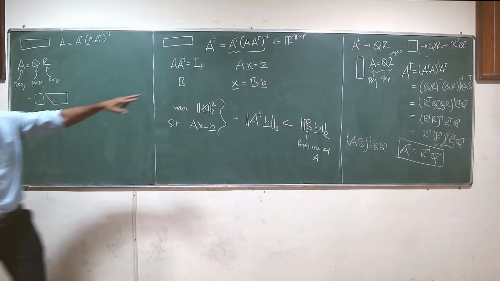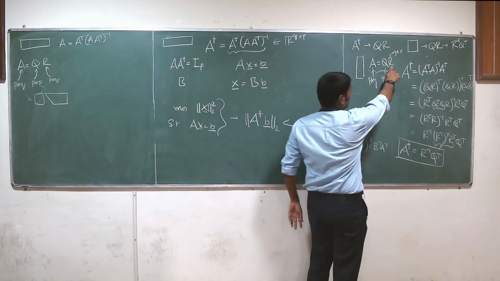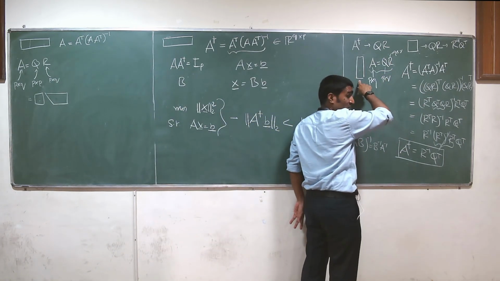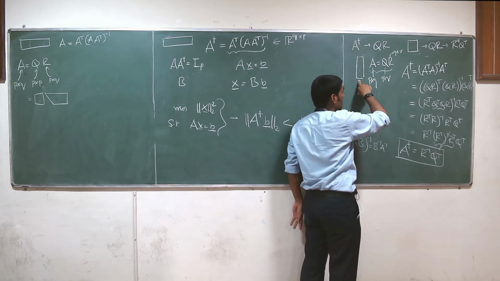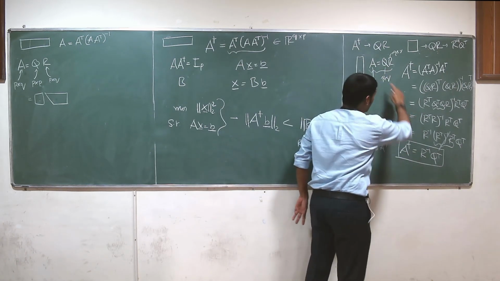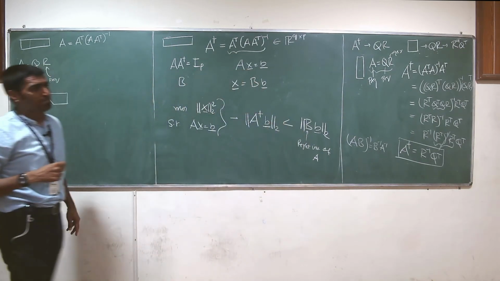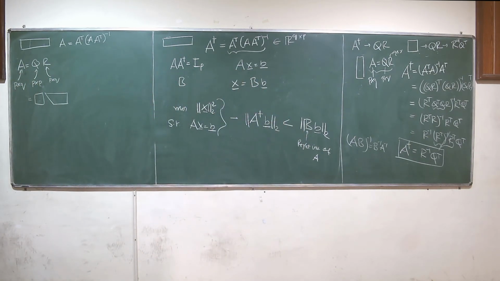Earlier, in this case, R was square, upper triangular with no zero elements along its diagonal. So you could take R inverse and R inverse exists, if you started with the full rank tall matrix. So this does not work. So we can't use this.